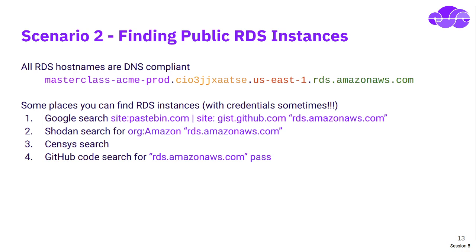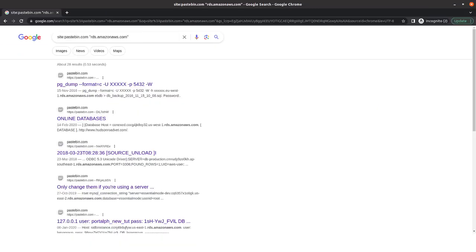So I go site:pastebin.com. I'll only search Pastebin for rds.amazonaws.com. Some search results.